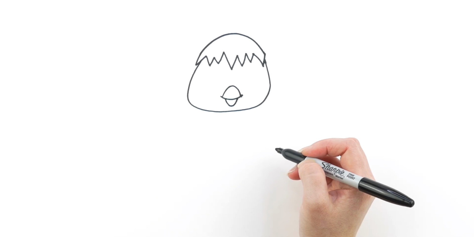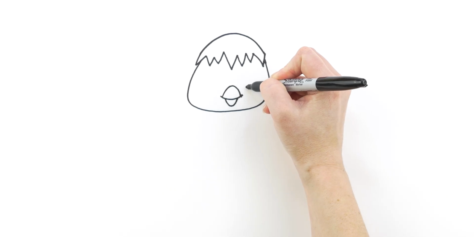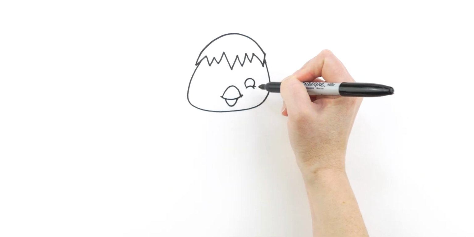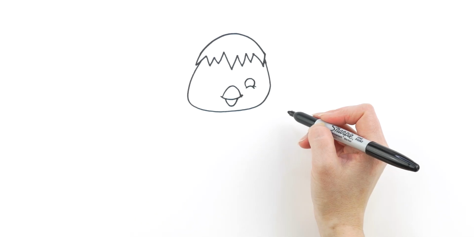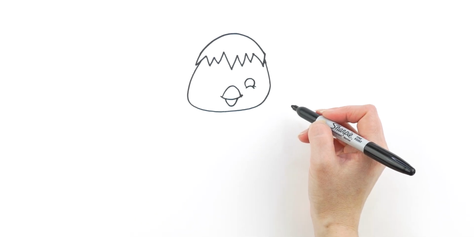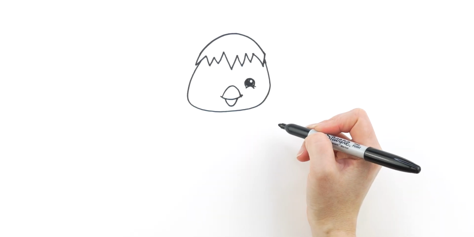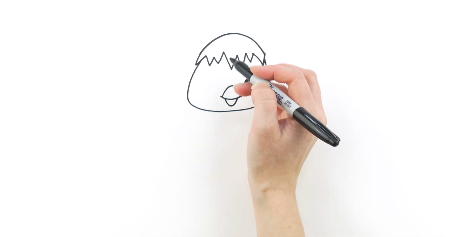All right, now our chick is going to have two circles for eyes, but we're going to make these smiling eyes. So we're going to make a partial circle and a little line there to indicate that our chick is smiling. And we'll do that same thing on the other side for the other eye.